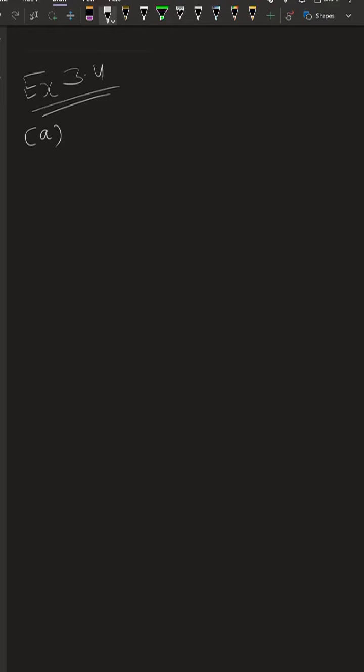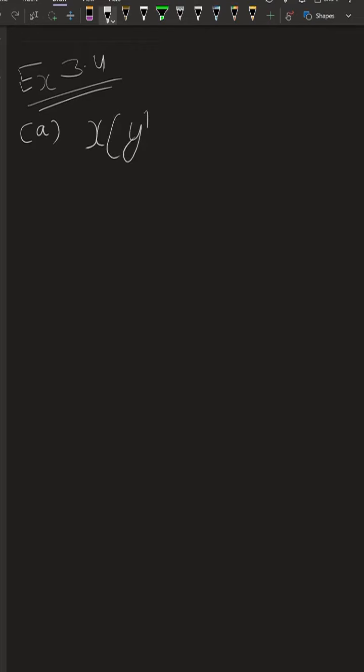Page number 56, question number 3.4. Example 3.4, part A. The question is, prepare a truth table for the following Boolean expression: x bracket start y complement plus z complement bracket close, plus x y complement.